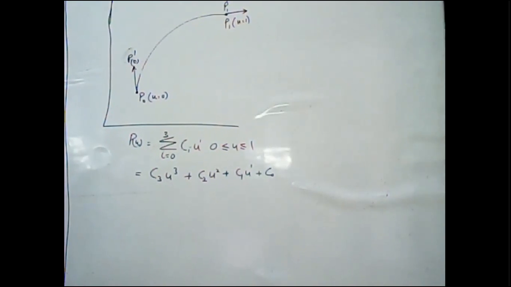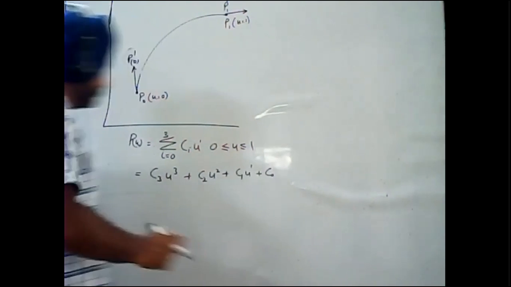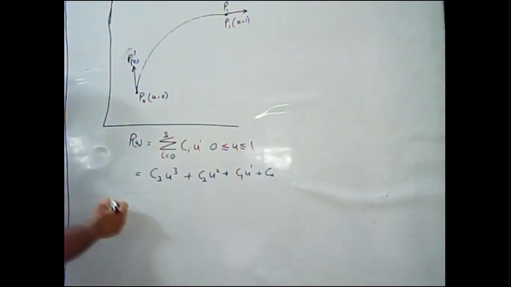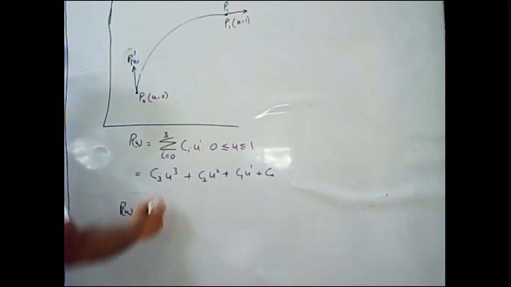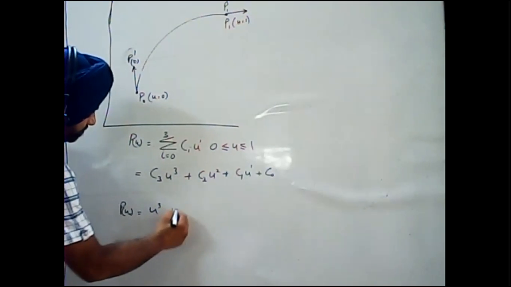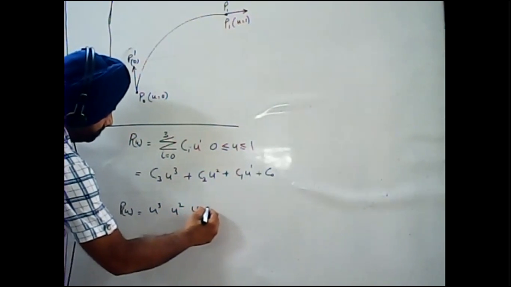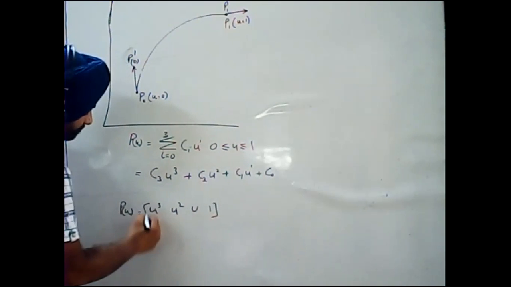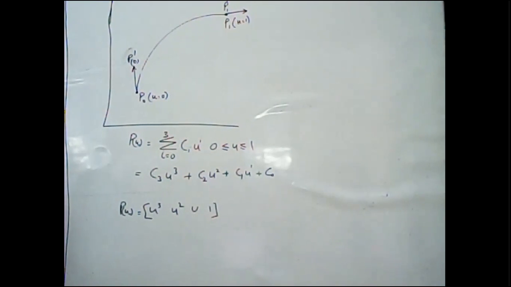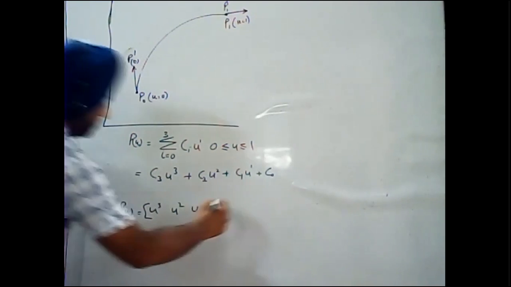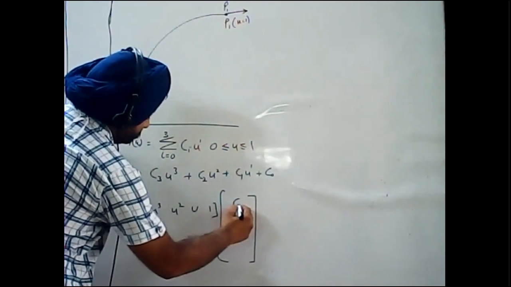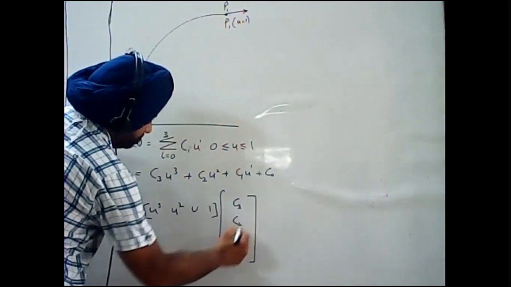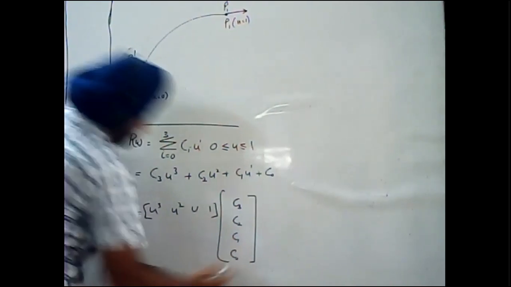Now the above equation can be written like this. P(u) can be written as the row u cube, u square, u and 1, multiplied with the matrix C3, C2, C1 and C0.